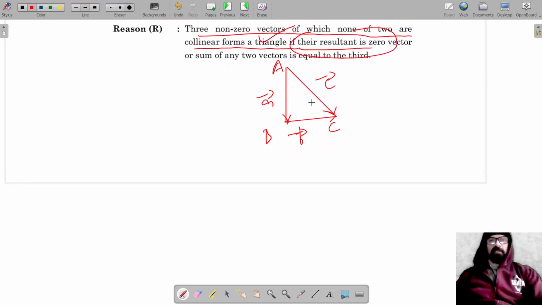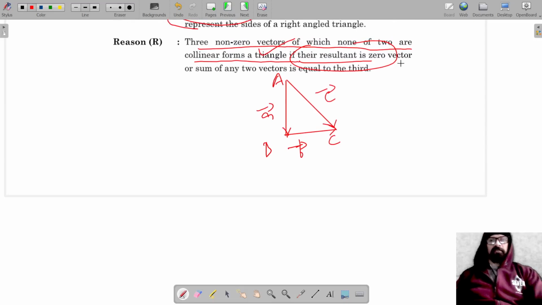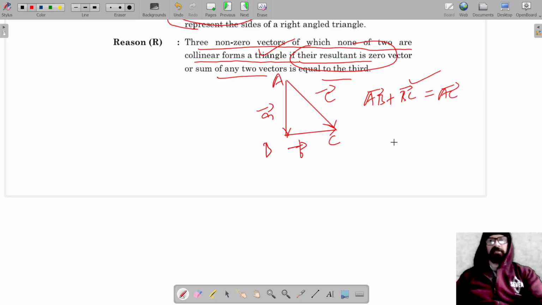Now, if their resultant is zero vector, or the sum of any two vectors is equal to the third vector, if you use the triangle law of vector addition here, AB plus BC should be equal to AC vector. Now the sum of any two vectors is equal to the third vector, which is true, and the resultant is 0. So let's find out the resultant.